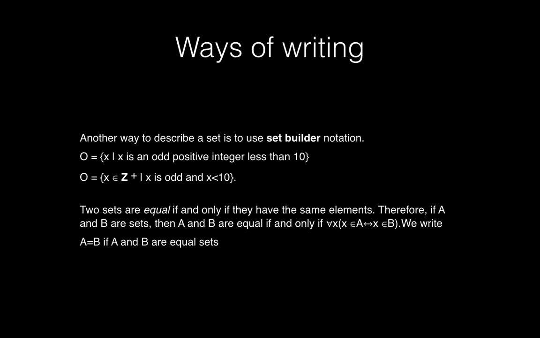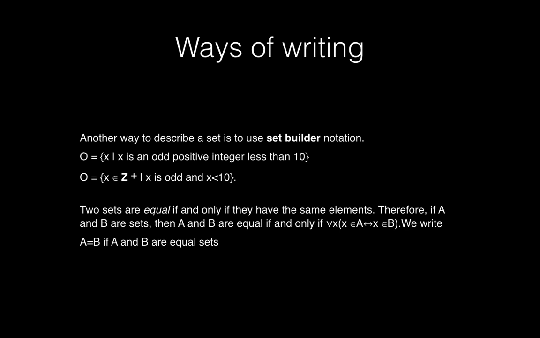For example, here I have written O equals, opening the curly brace, x such that, where this slash means such that, x is an odd positive integer less than 10.